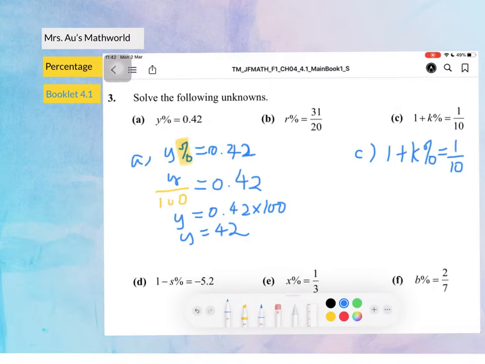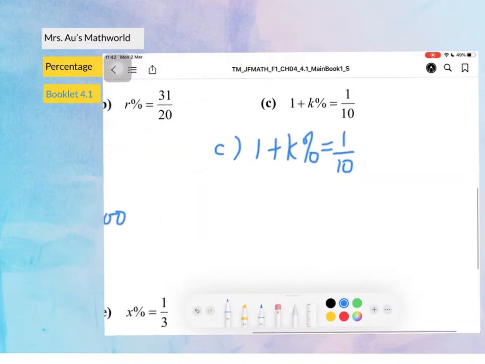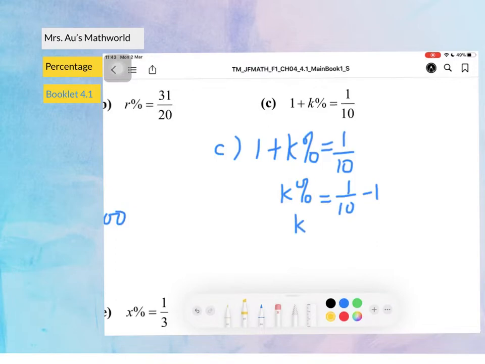And lastly, let's go to part C together. If we have a more troublesome equation like this, we can also solve it, like putting the 1 to the right, then we can calculate carefully. K% we still keep here. Remember to change the percent to divided by 100.